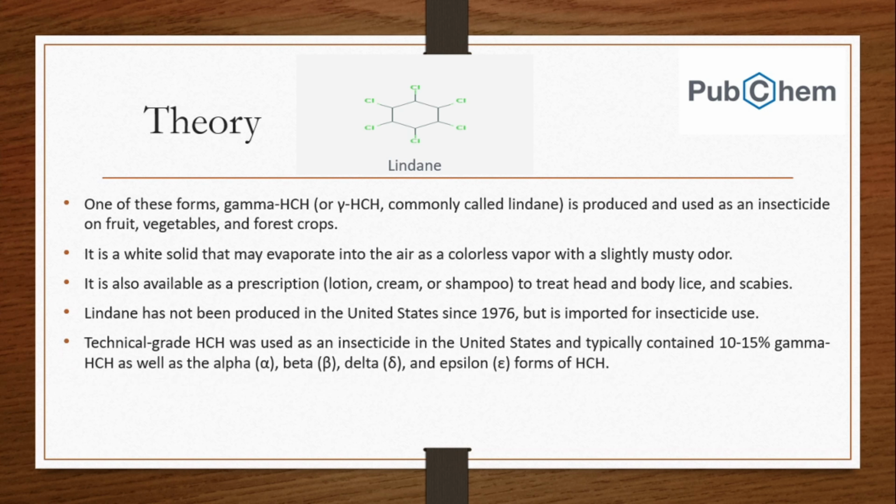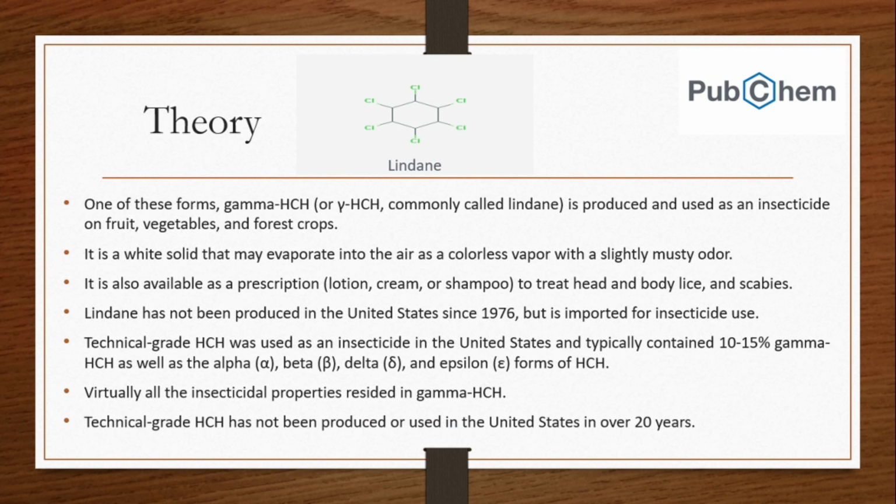Technical grade HCH was used as an insecticide in the United States and typically contained 10 to 15% gamma HCH as well as the alpha, beta, delta and epsilon forms of HCH. Virtually all the insecticidal properties reside in gamma HCH. Technical grade HCH has not been produced or used in the United States in over 20 years.